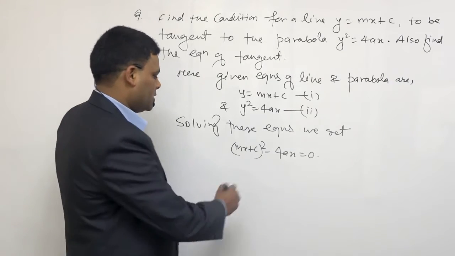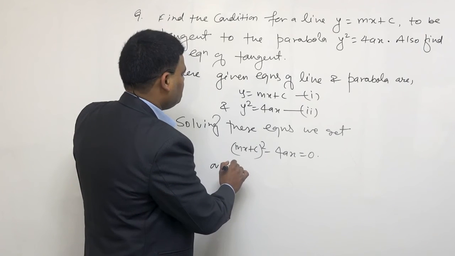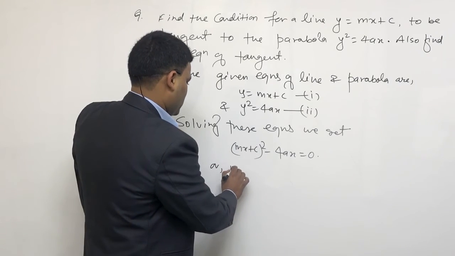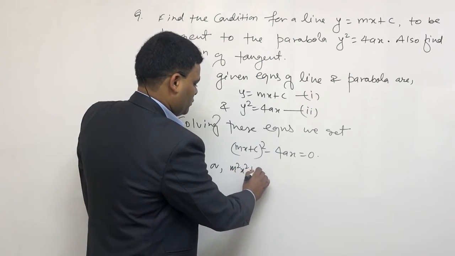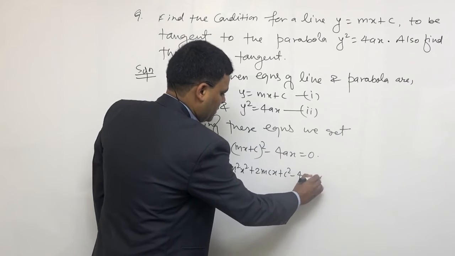Now again solving this equation, or using whole square formula, m square x square plus 2mcx plus c square minus 4ax equals 0.